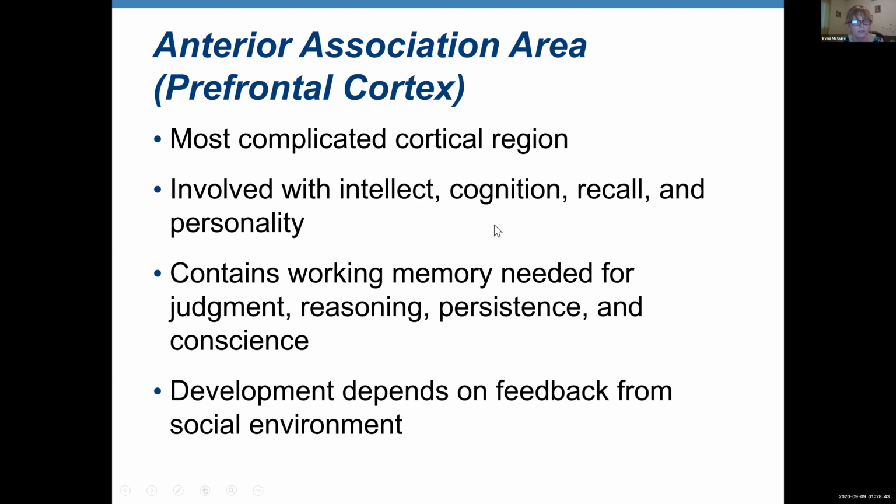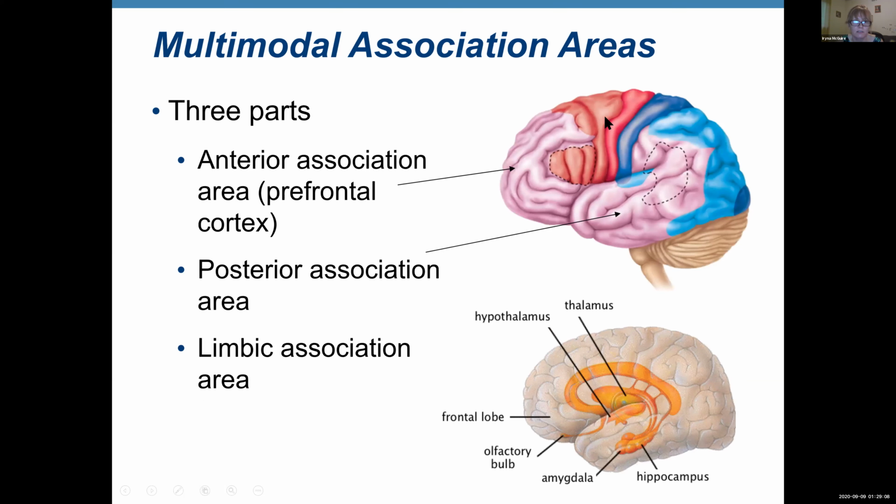When you decide what to eat for breakfast, that's the area that is active. And this is where you can tell right from wrong, which may help you make informed decisions in your life. That's your anterior association area, or prefrontal cortex.